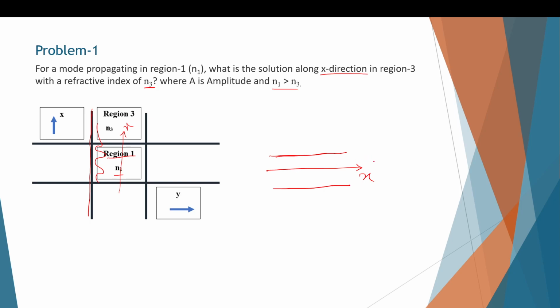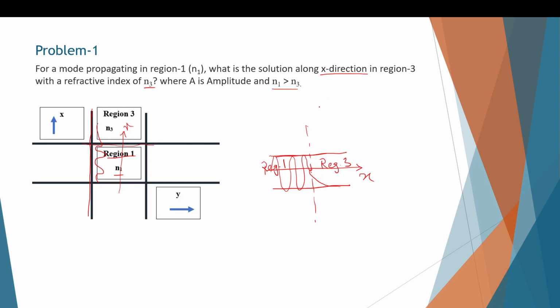But along the x direction, there is no boundary. Sorry, so there is this boundary along the x direction. If I am considering this as region 1, then this is region 3. I can have an oscillating solution till here, but after this it has to decay because there is no boundary for x going to infinity.